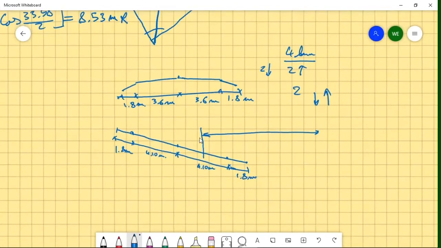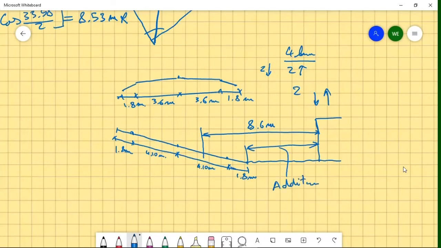We're going to use 8.6 meters, and you can allow people to build here or make a mark or whatever. Okay, so basically from the shoulder this distance must be clear. So this is what we call additional right of way.